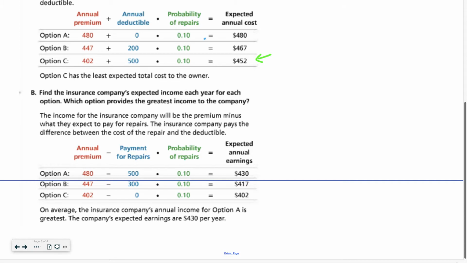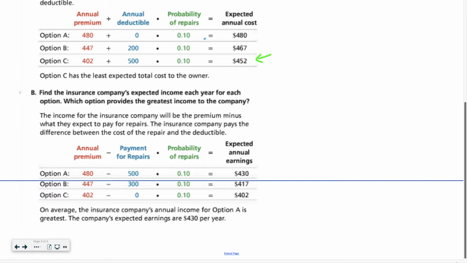Okay, so option A, they were getting $480 from the consumer, from you as the car owner. The deductible was $0, meaning the insurance company would pay that $500.